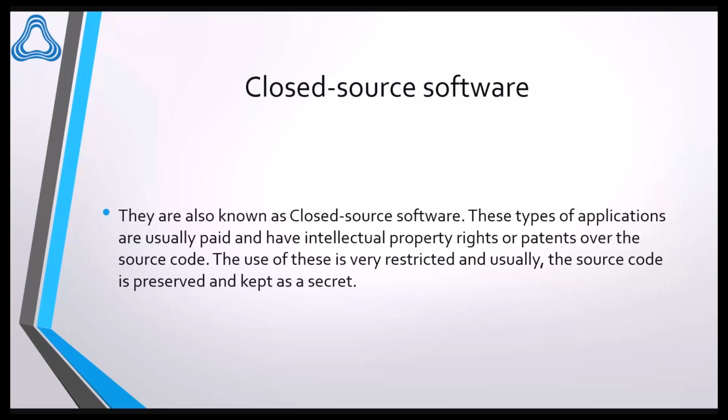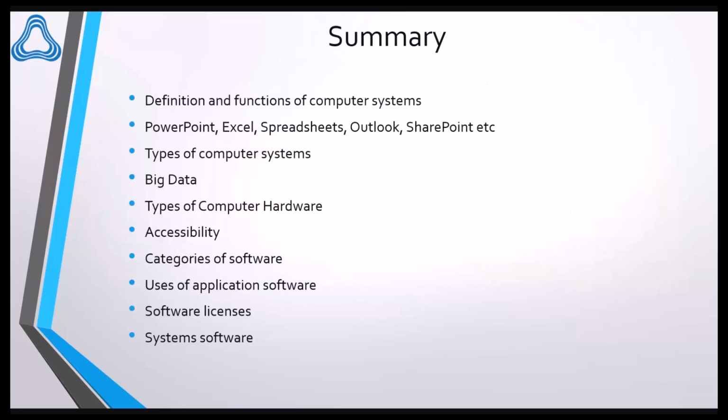With that, we've come to the end of the session, and in this session, learning outcome 1, these were the areas that we covered. Definition and functions of computer systems. We looked at various applications like PowerPoint, Excel, Spreadsheet, Outlook, and the various types of computer systems.